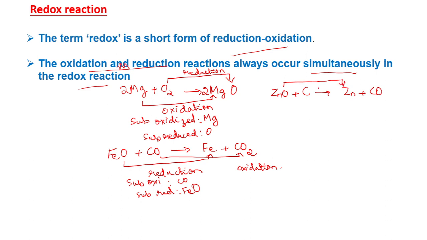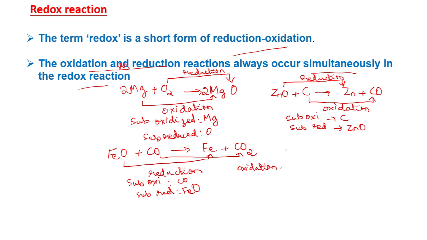Oxygen is lost, so it is a reduction. Removal of oxygen is a reduction. Addition of oxygen is oxidation. Again, let us write substance oxidized and substance reduced. Substance oxidized is carbon. Substance reduced is zinc oxide.